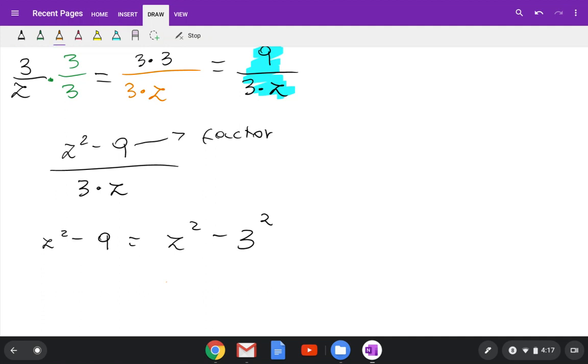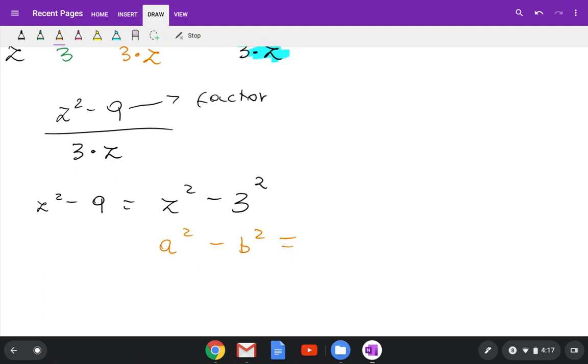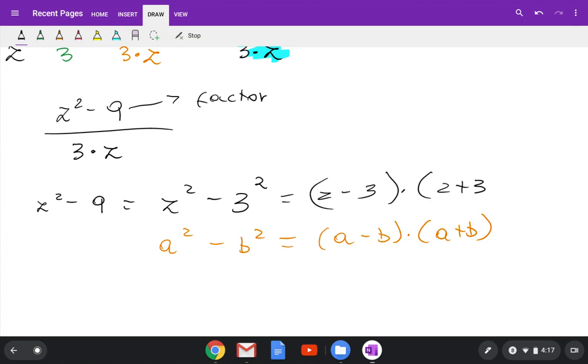Hopefully you remember the formula a squared minus b squared, difference of two perfect squares. When you have a difference of two perfect squares, you factor this as a minus b times a plus b. So in our case, we're going to have z minus 3 times z plus 3.